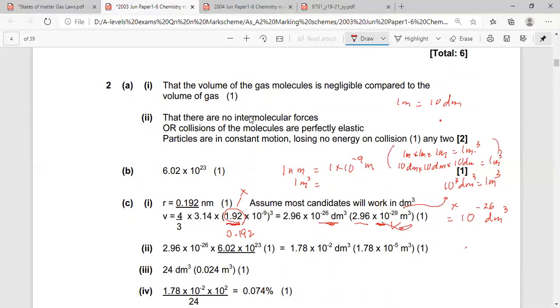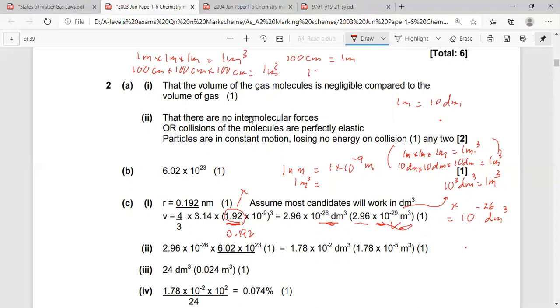After this it is cm cubed as well. 1 meter times 1 meter times 1 meter equals 1 meter cubed. So changing to cm will be 100 cm times 100 cm times 100 cm equals 1 meter cubed.